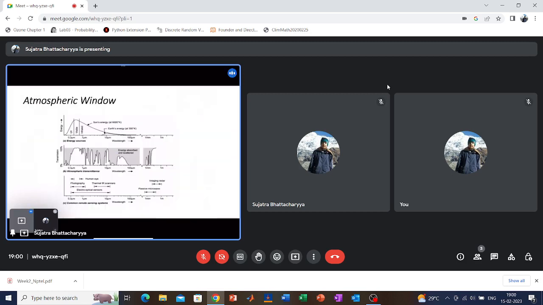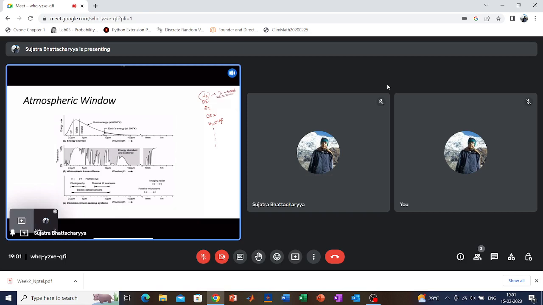The next thing is the atmospheric window. In the atmosphere there are several gases, for example nitrogen, oxygen, ozone, carbon dioxide, water vapor, and so on. There are many gases present, and each gas absorbs a certain wavelength band of the EM spectrum.